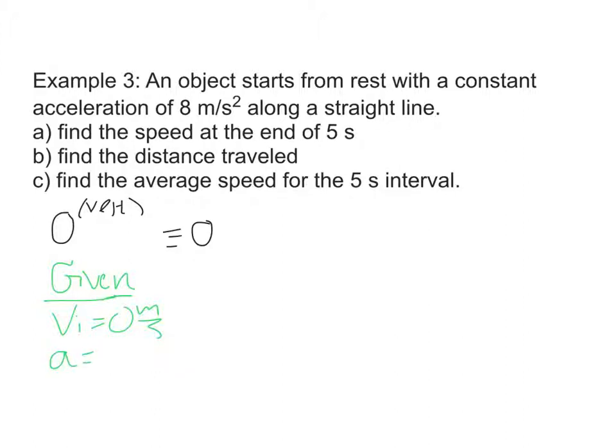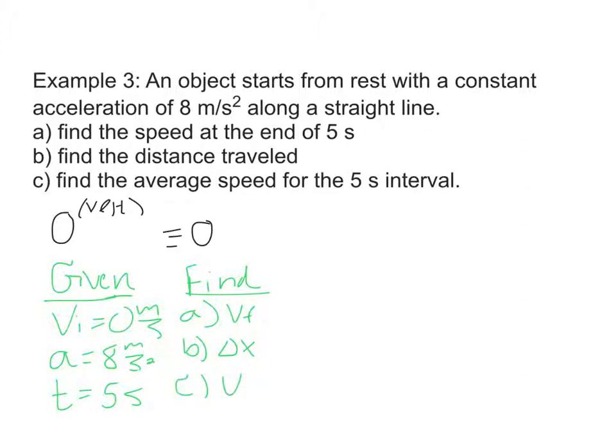Tells us the acceleration is 8 meters per second squared. So it's speeding up in the positive direction. We know that the time is 5 seconds. And we want to find in part A, v final, in part B, delta x, and in part C, my average speed for the 5 seconds.